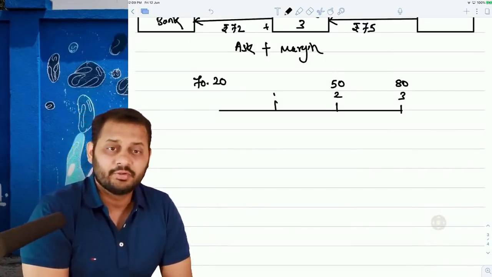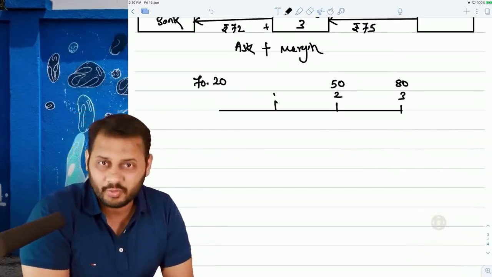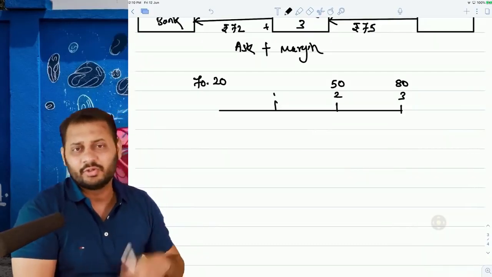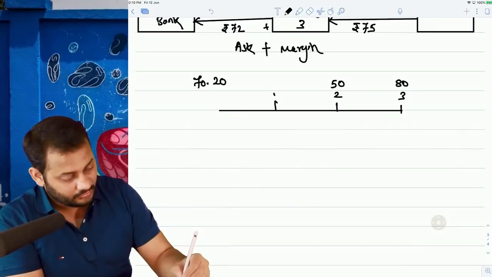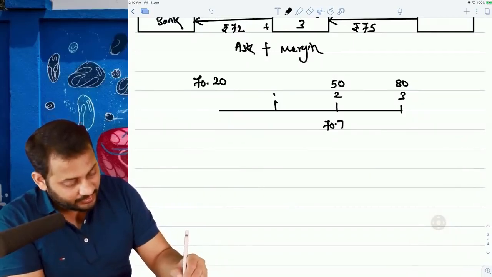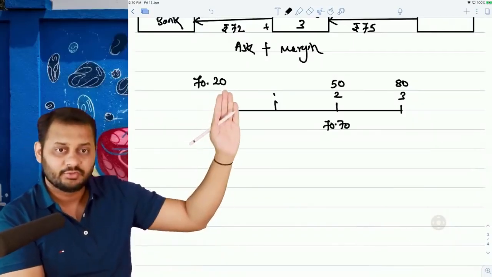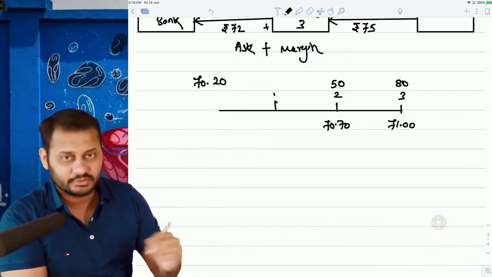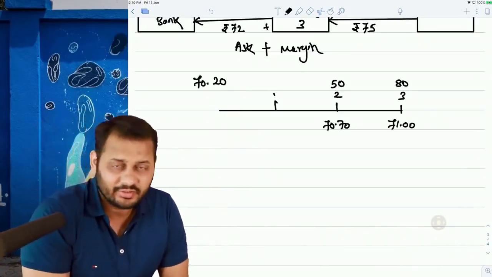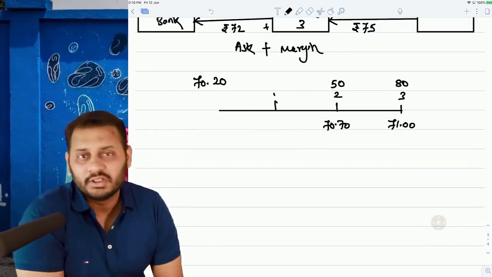So it's 70.20 and the 2 months forward rate points are 50. How do you calculate 2 months forward rate? You add those points, because you will add these points, 70.70, in last 2 digits. And if you add here, it will become 71.00. So this is how we calculate the forward rate. We add those swap points in the spot rate.